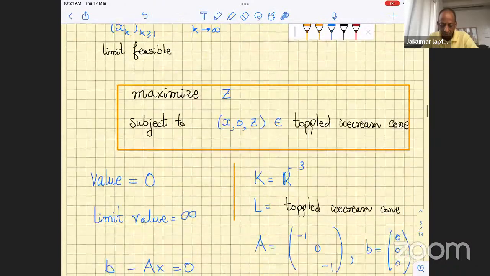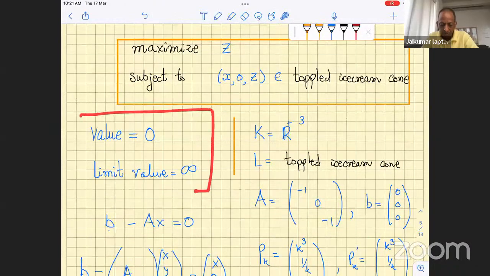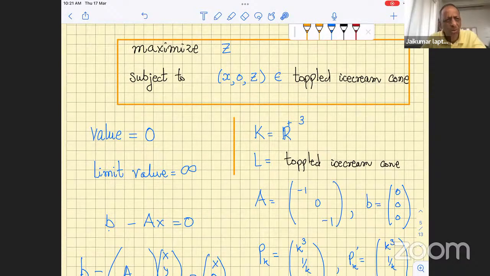So here we have a situation where the value and the limit value are different. Value is somewhat rigid in the sense that it insists on feasibility. Limit value is more relaxed, and it allows you to achieve greater values.